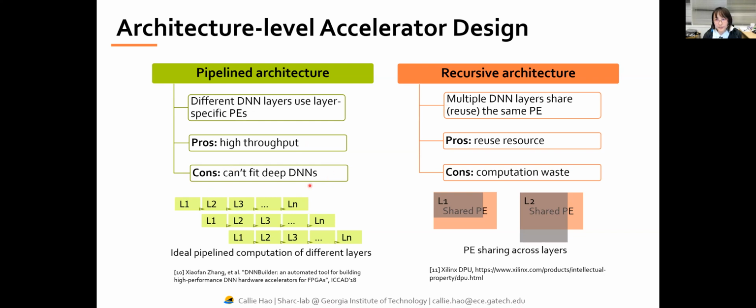that we cannot fit deep neural networks. And then on the other side, we can choose to use a recursive architecture, where multiple DNN layers share or reuse the same PE.